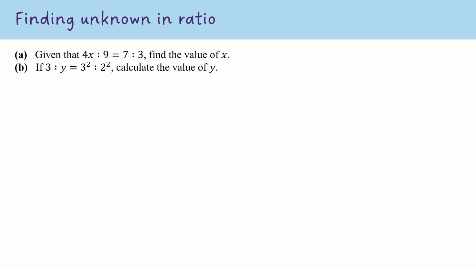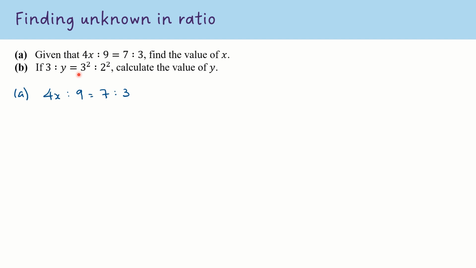We now take a look at the next question on finding unknown in a ratio. So let's first take a look at part A. In part A, we are given that 4x is to 9 equals to 7 is to 3, and we want to find out the value of x. When we write it in this ratio form, it is actually difficult for us to manipulate or solve it.